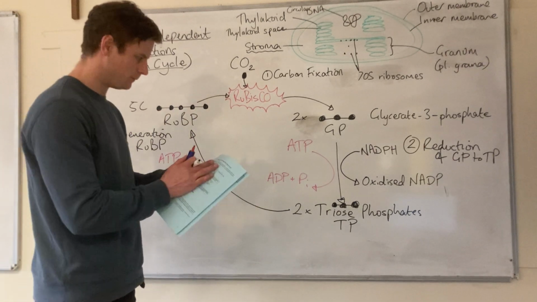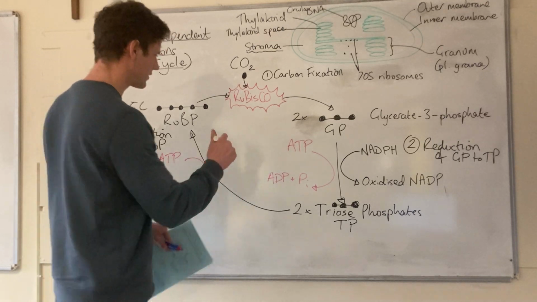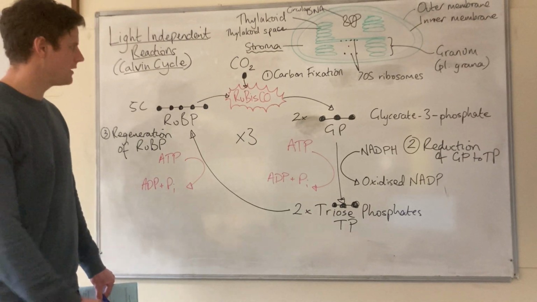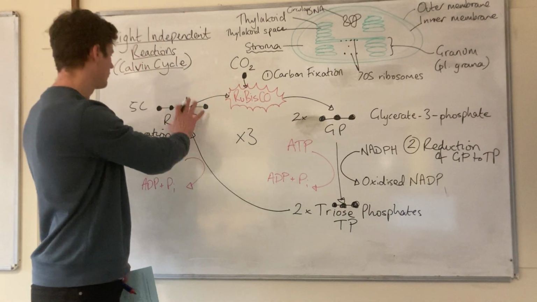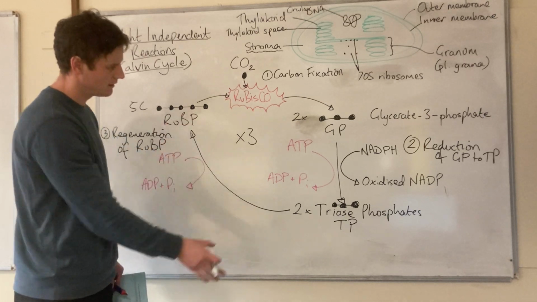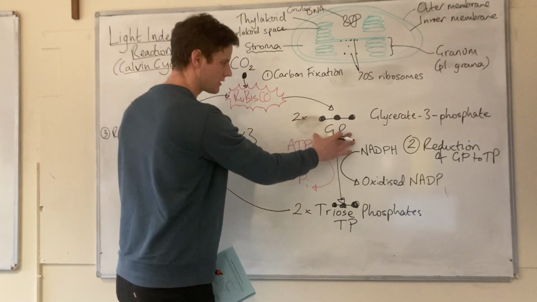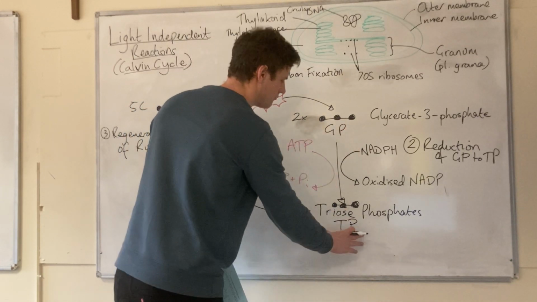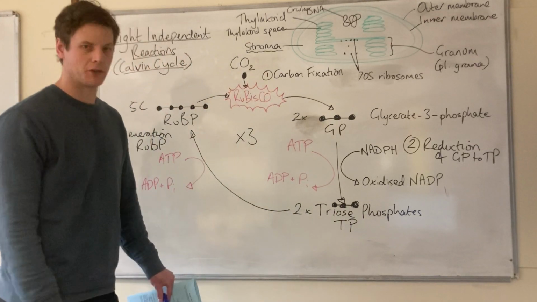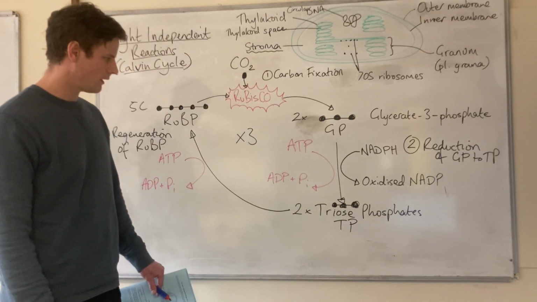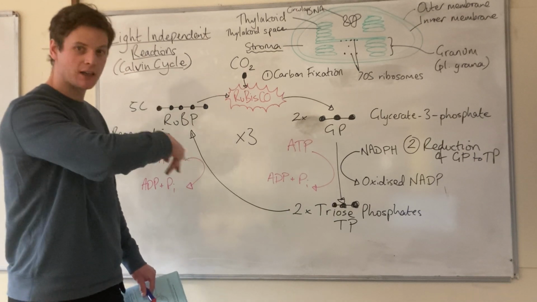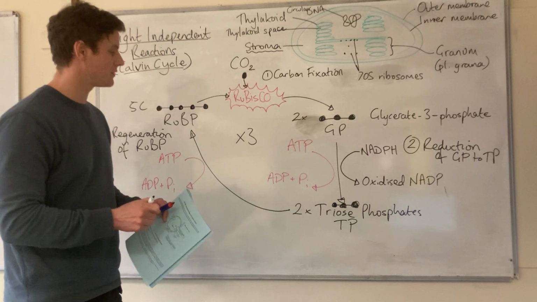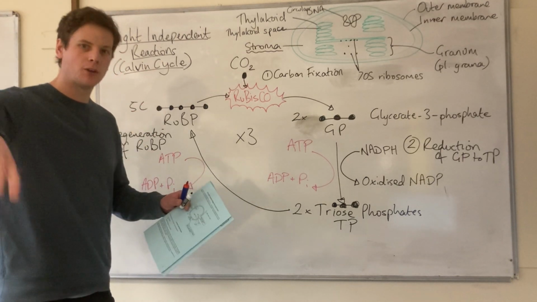Let's imagine then that the cycle turns 3 times, meaning we've got 3 carbons going in, 3 ribulose bisphosphates, producing 6 glycerate 3-phosphate. Those 6 glycerate 3-phosphate would then be reduced to 6 triose phosphate. Each time the Calvin cycle turns 3 times, 1 molecule of triose phosphate can be taken away.